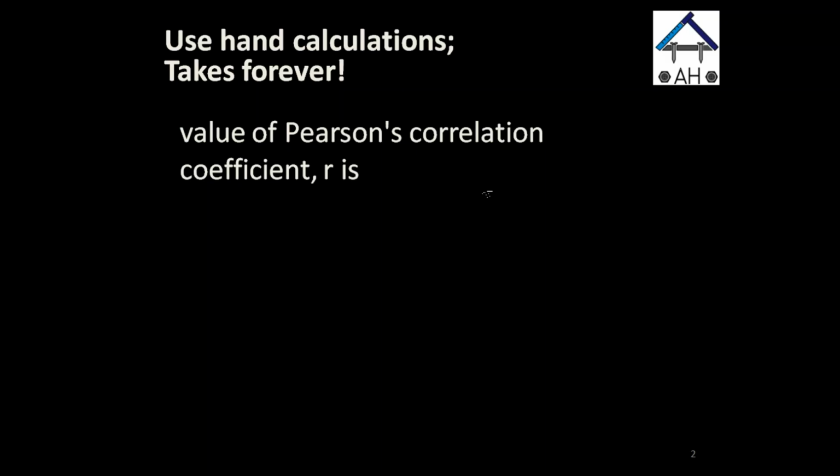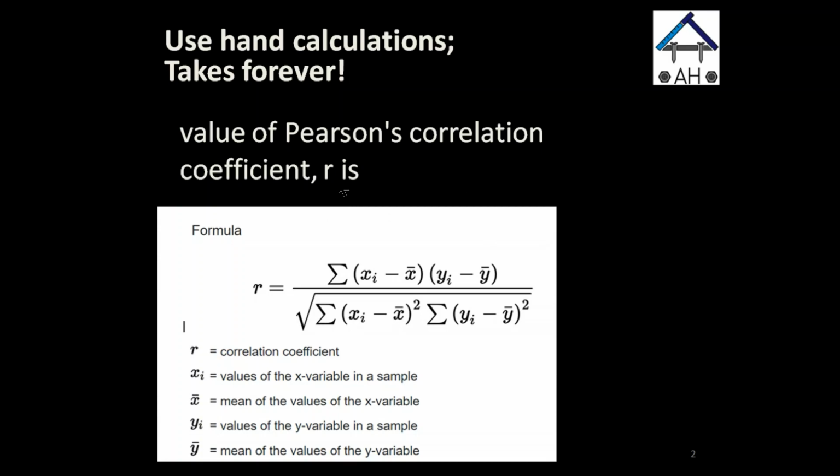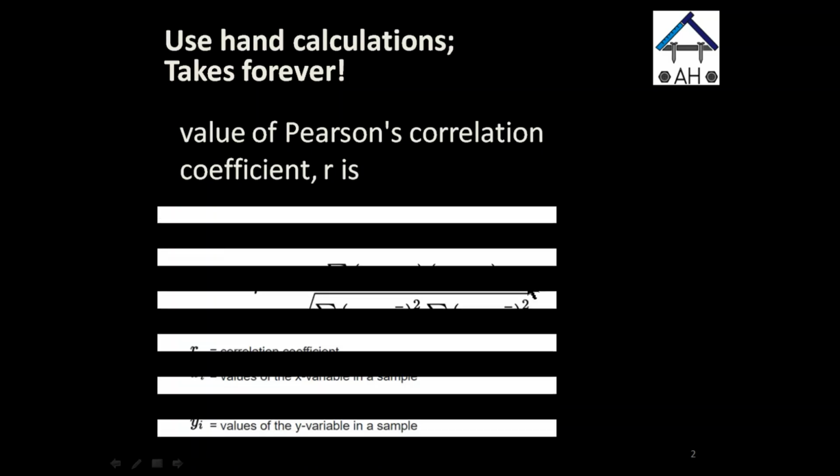So to do it manually, we then have to obtain a series of equations such as the value of Pearson's correlation coefficient, R. You might need to go back to probably year 12 maths, where R has a hectic formula, and that's sort of the sum of xi, which is the values of the x variable, minus the x bar, which means the mean value, and then there's yi, the values of the y variables, and then the y bar. So it is a big formula.